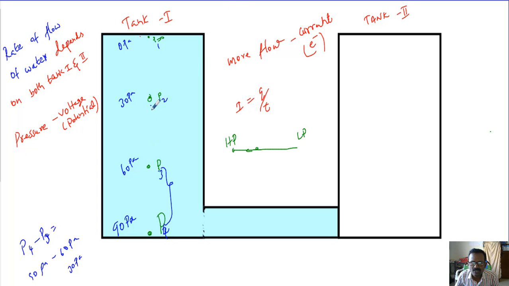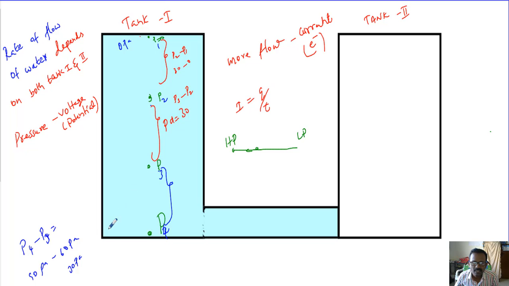This also has a potential difference of 30 Pascal. What does it mean? Pressure 3 minus pressure 2. What about this and this? Pressure 2 minus pressure 1 is 30 Pascal minus 0 Pascal. What about the pressure difference between this point and this point?